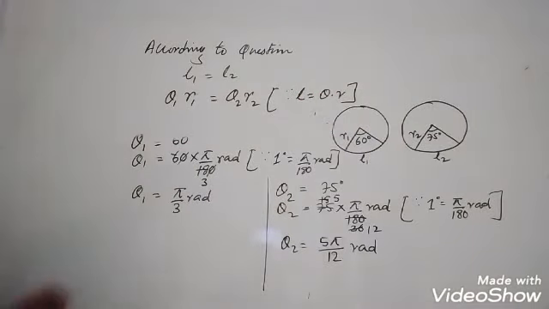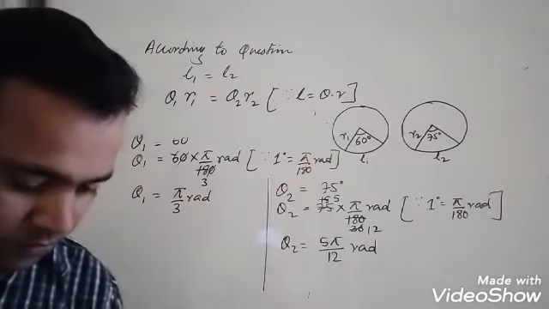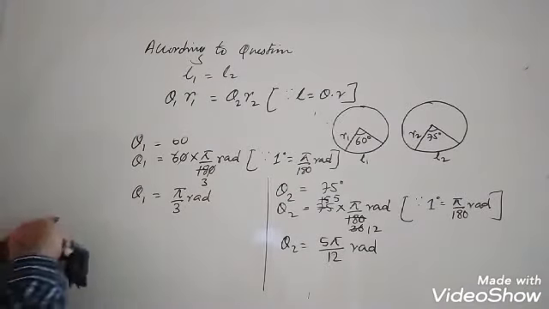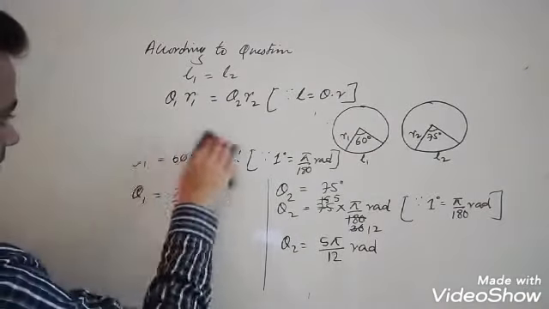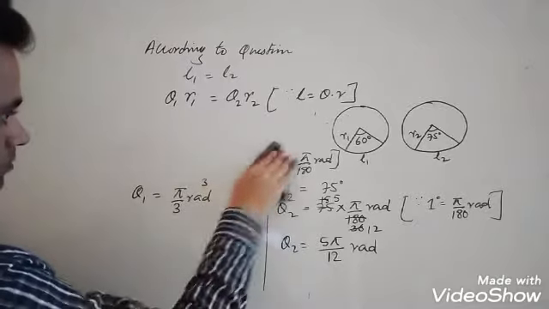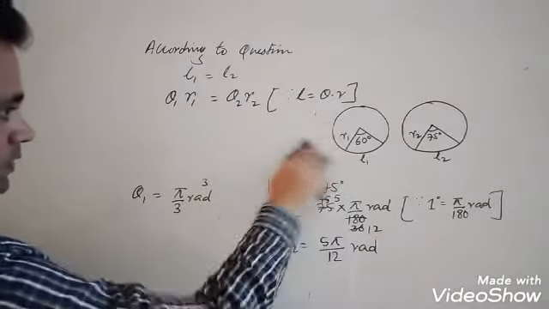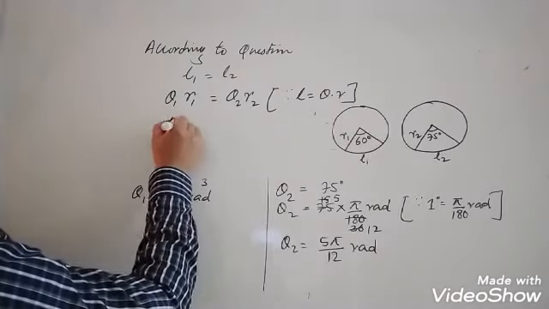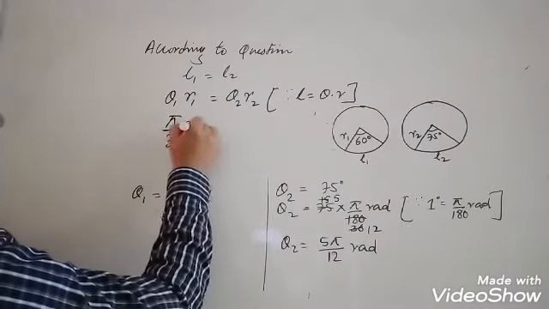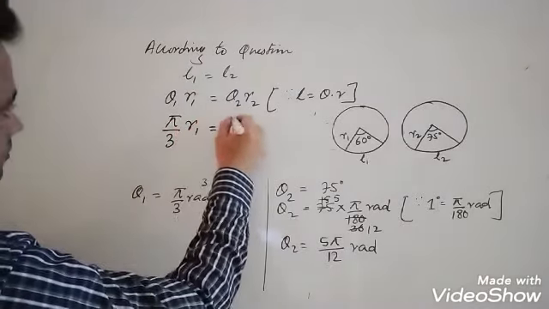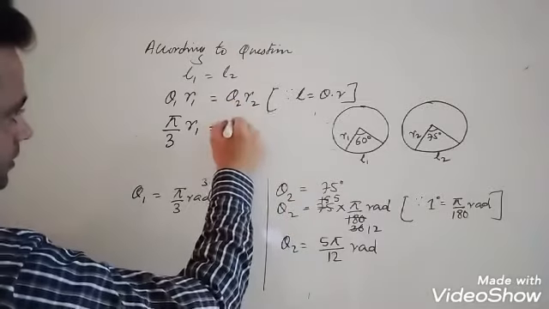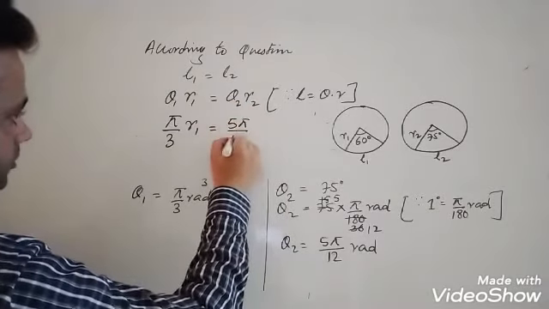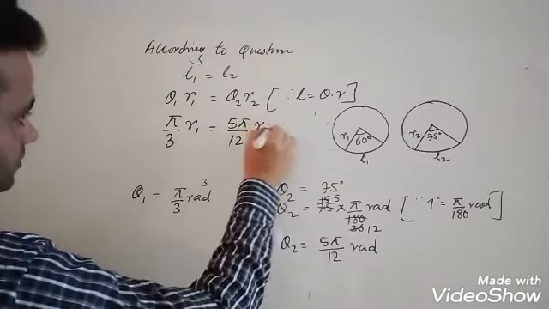Okay, now put the values of theta 1 and theta 2. Theta 1 is pi by 3 radian. This is pi by 3 R1 equals, now theta 2 is 5 pi by 12 R2.